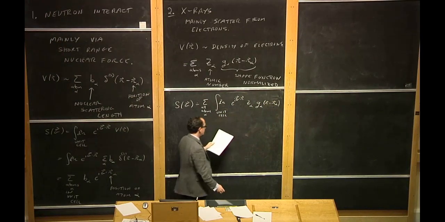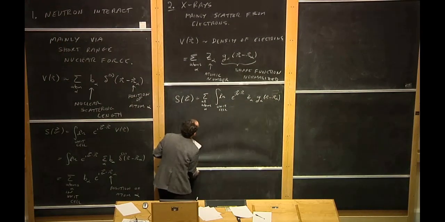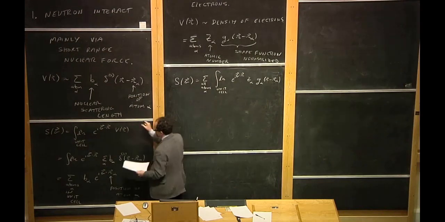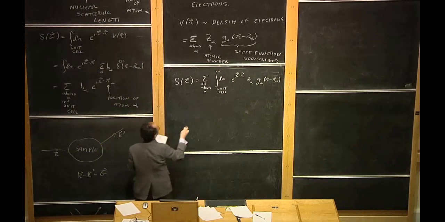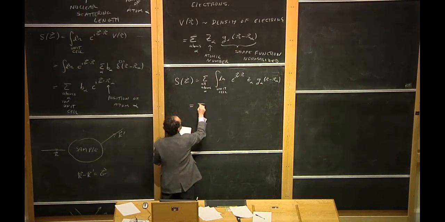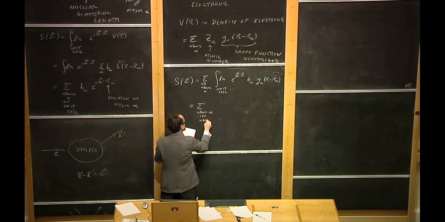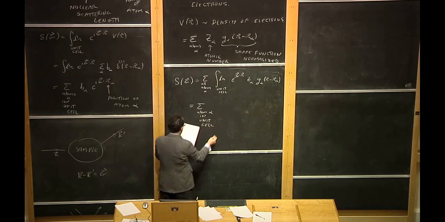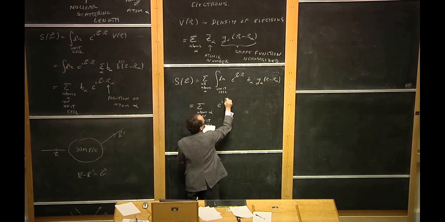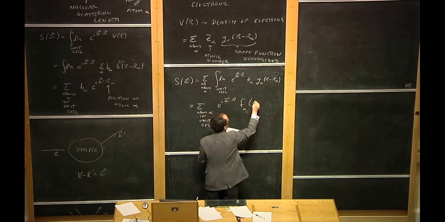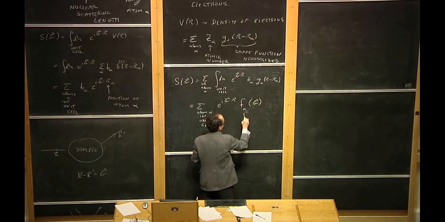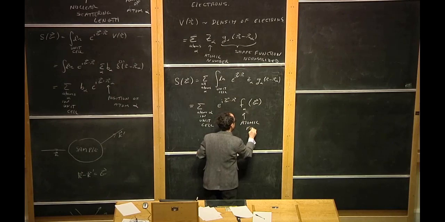If we do that Fourier transform, what we get is extremely similar to this equation here. What we get is of the following form: a sum over atoms alpha in the unit cell of e to the i G dot r alpha times f sub alpha, let's use a different letter, as a function of G. This is known as the atomic form factor.